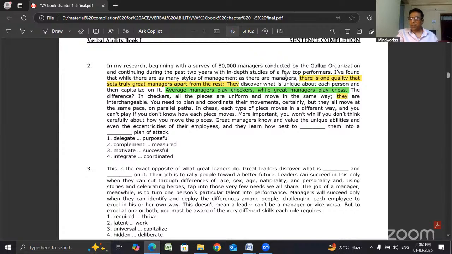Now look at this, what he has talked about, the discovery in the previous paragraph. He has talked about a discovery in the first paragraph.